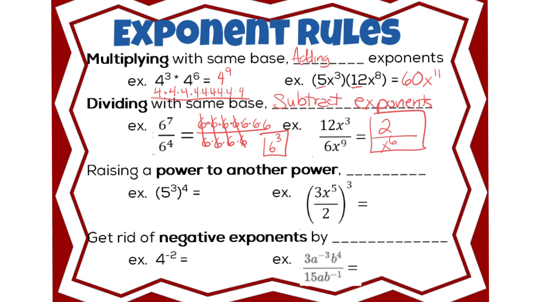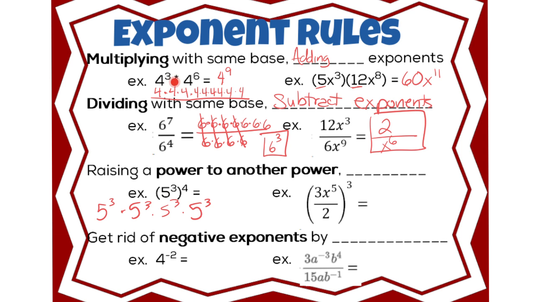All right, so now on this next one, we're going to raise a power to another power. And so how I would see that written in my head, on this first one, I would think that's a 5 cubed times another 5 cubed times another 5 cubed times another 5 cubed. All right, so that's a 5 cubed to the fourth. And then I'm back up here to looking at what I did on these here.